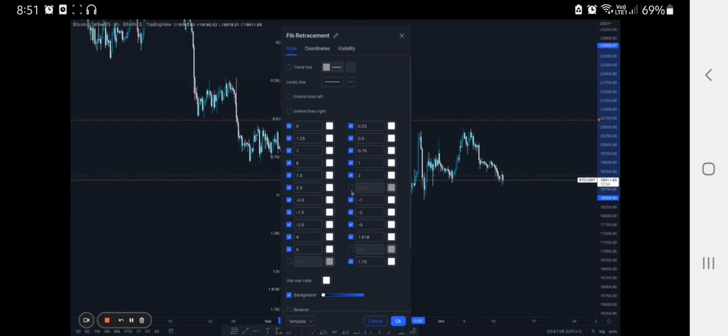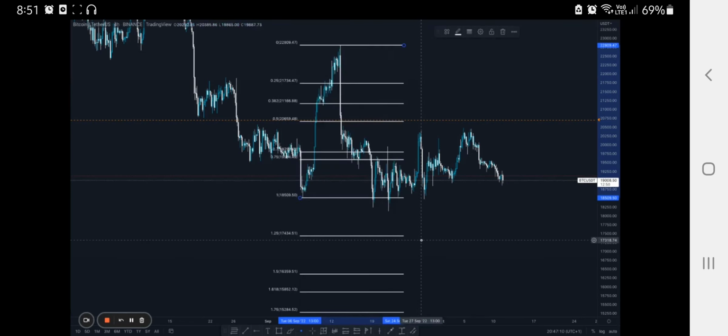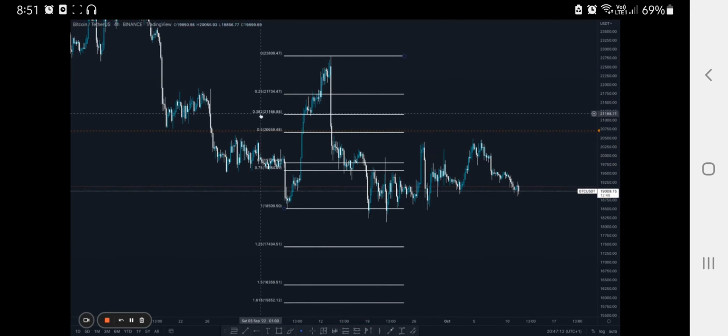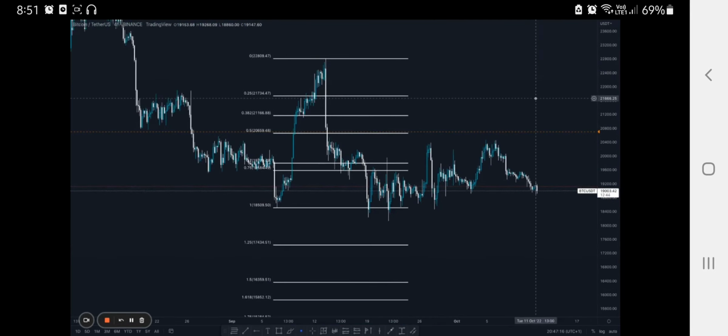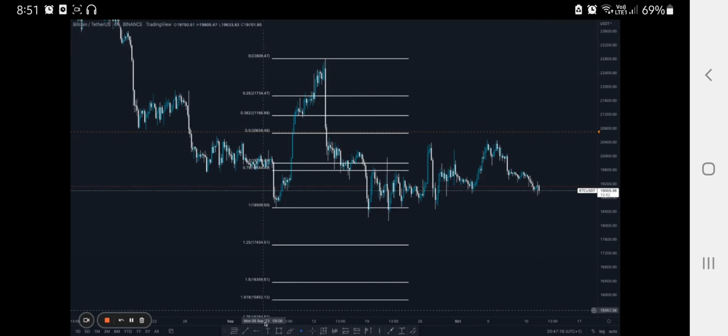But what a lot of people use are these Fibonacci numbers. So you've got a 0.382. It's based on math. They say, okay, well, the first level of support, all else being equal on this up move, should be the 0.382. It's your first chance to go long.